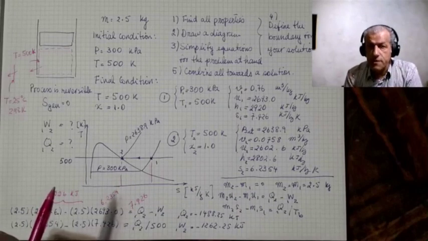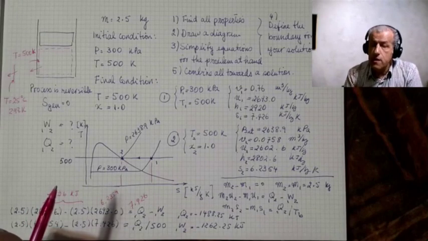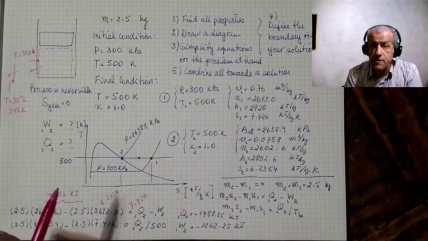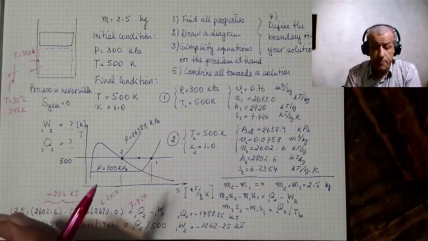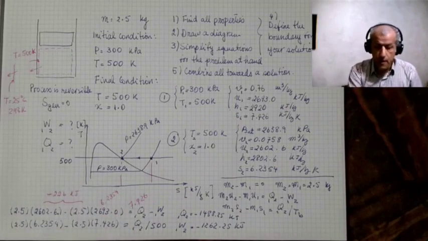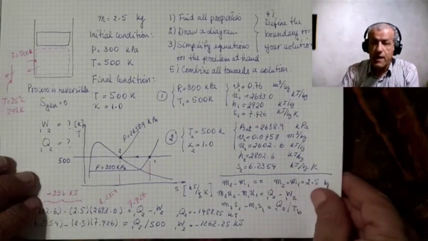This process inside this close proximity, inside this near surrounding, is irreversible because it is heat transfer across a temperature difference. Well, how do we calculate that?